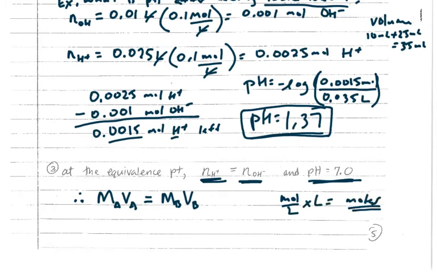All right, so basically we're saying the moles of the acid equal the moles of the base, but since in titrations we're working with concentrations and volumes, we can rewrite this equivalency as the concentration of the acid times the volume of the acid equals the concentration of the base times the volume of the base.